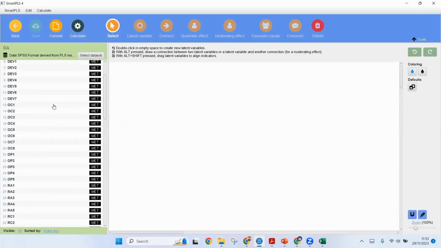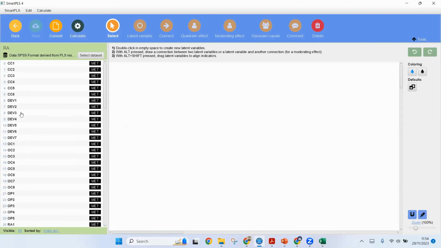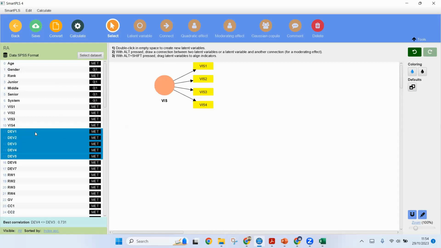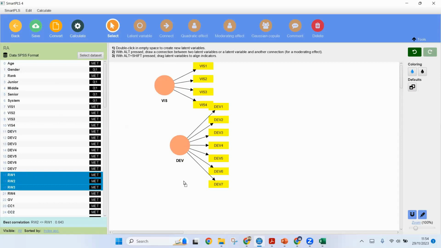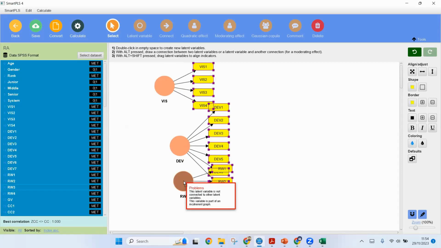But I do not have a global variable here. Okay. So let's say vision, development, and for rewards, we only had 3. Control A, Alt X.